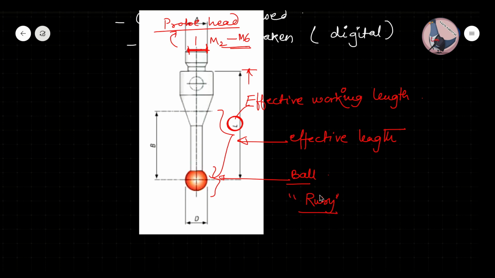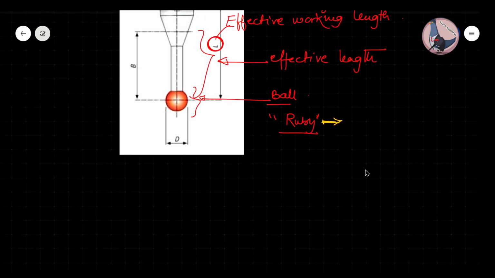This is important, you should know. Ruby is one of the hardest materials known to us. By the way, this is artificially made, not pure ruby. We make it artificially, synthesized.